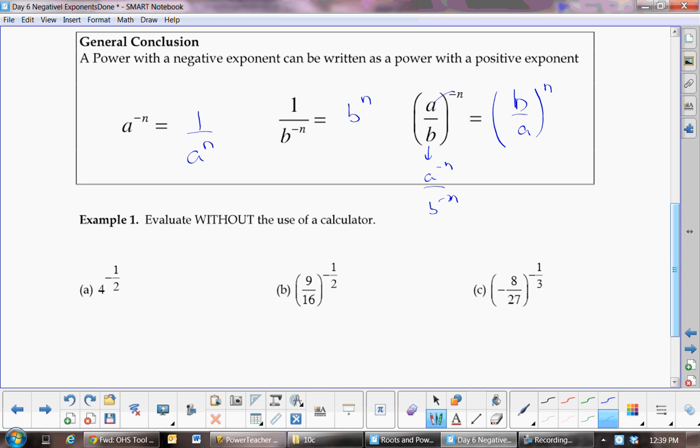Now, is either a or b happy? So, to make it happy, this would be b to the n over a to the n. And since they're both to the n, you can take it out, and it would be b over a to the n. And do you see that's the same conclusion that Matthew came up with, b over a to the n.